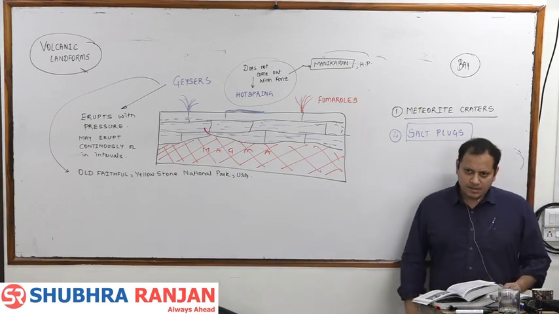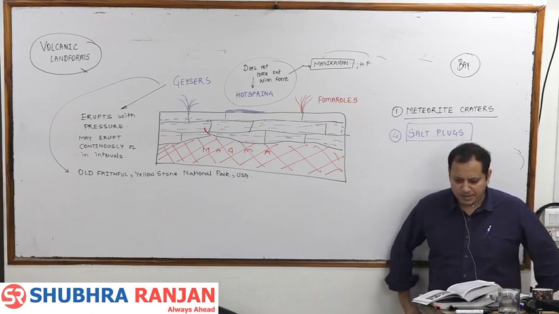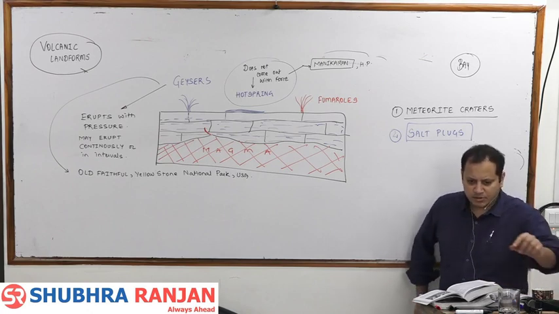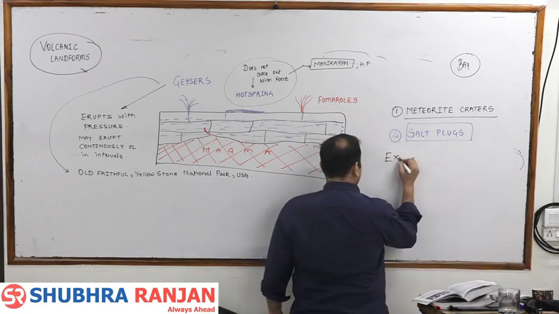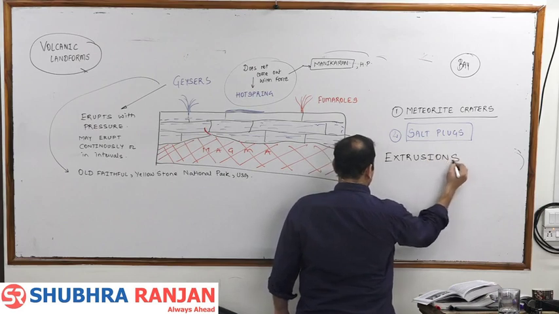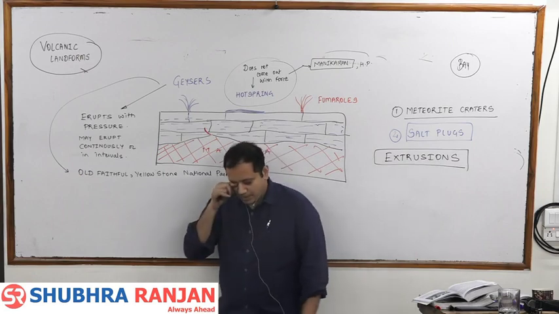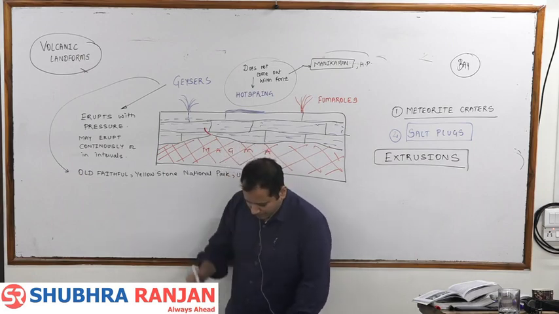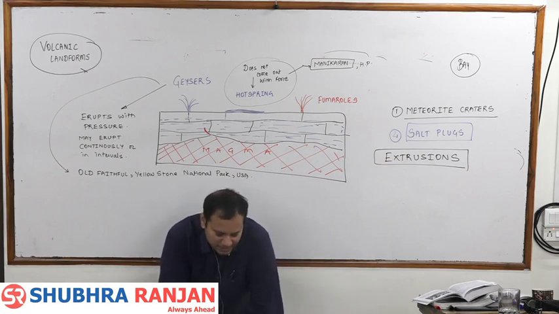In the desert regions, salt extrusions, or in other words, salt extrusions, write it in brackets, this is only for your understanding.